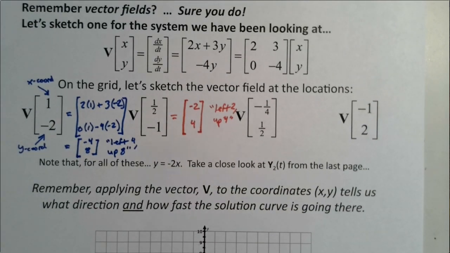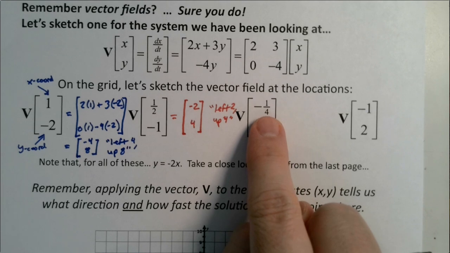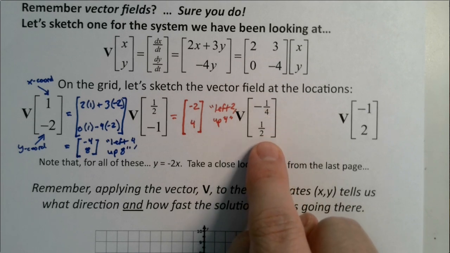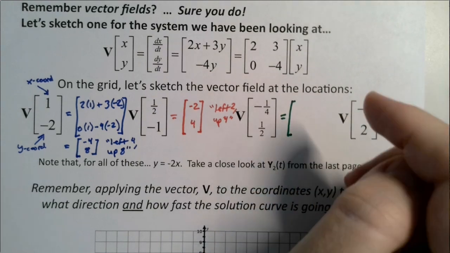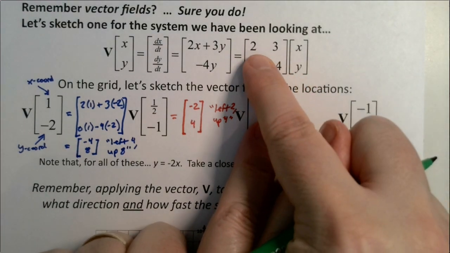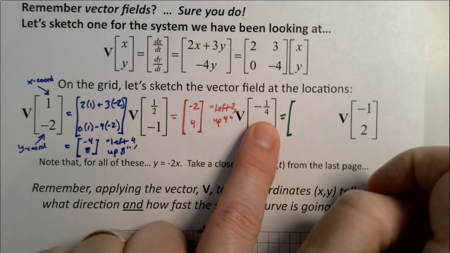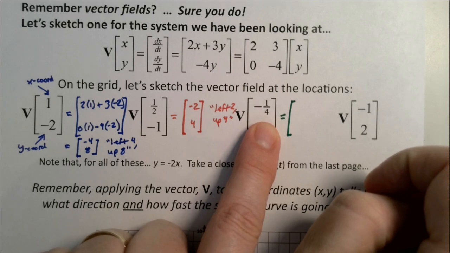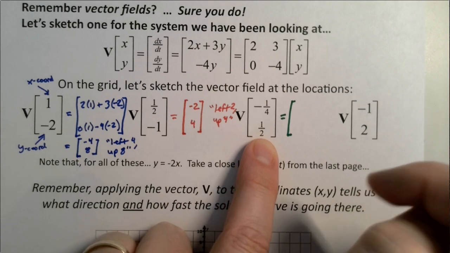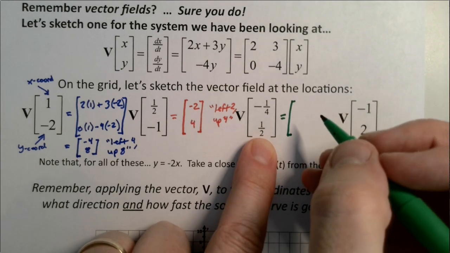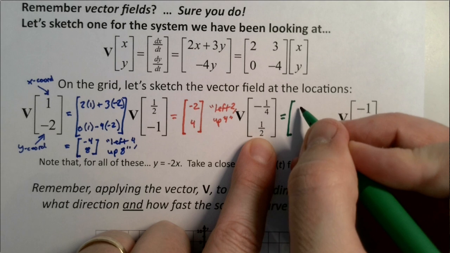We'll do this one in green and say at the x-coordinate, negative 1/4, y-coordinate 1/2, the vector field value would be negative 1/4 times 2. That gives me negative 1/2 plus 3 times 1/2. So negative 1/2 plus 3/2, that gives me 1.